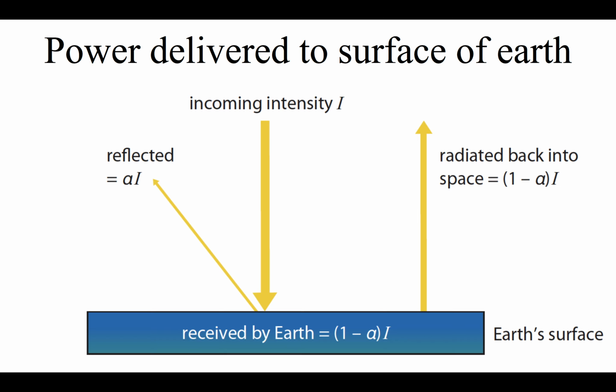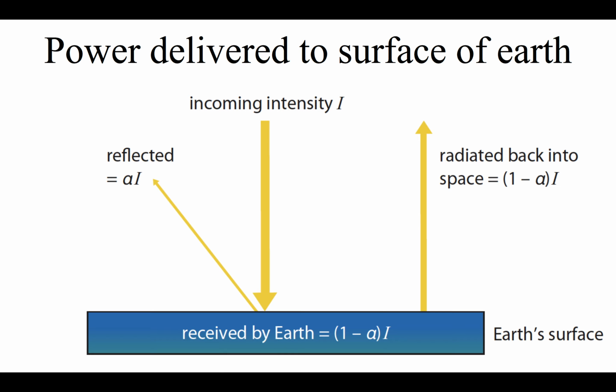Okay, so this diagram shows the power delivered to the surface of the Earth. You can see the incoming intensity I there, and this would be the sunlight coming in. We then have the reflected light, and this is simply equal to albedo times that intensity. So in the case of the Earth, that is 0.3 times the incoming intensity, and that will be the intensity of reflected light.